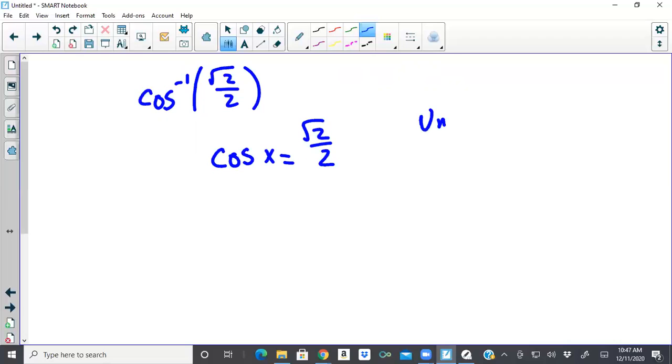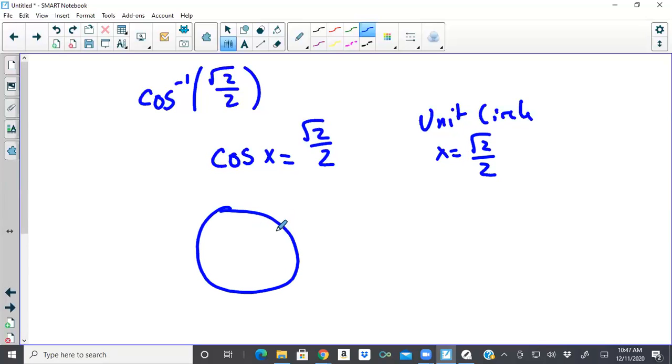So you have to look at your unit circle, and pay attention to the fact that I am looking for an x value of the square root of 2 over 2. Obviously, this is positive, so it's telling me on my unit circle that this is going to exist somewhere in quadrant 1. In my specific value, it tells me that it's going to be pi over 4, right?